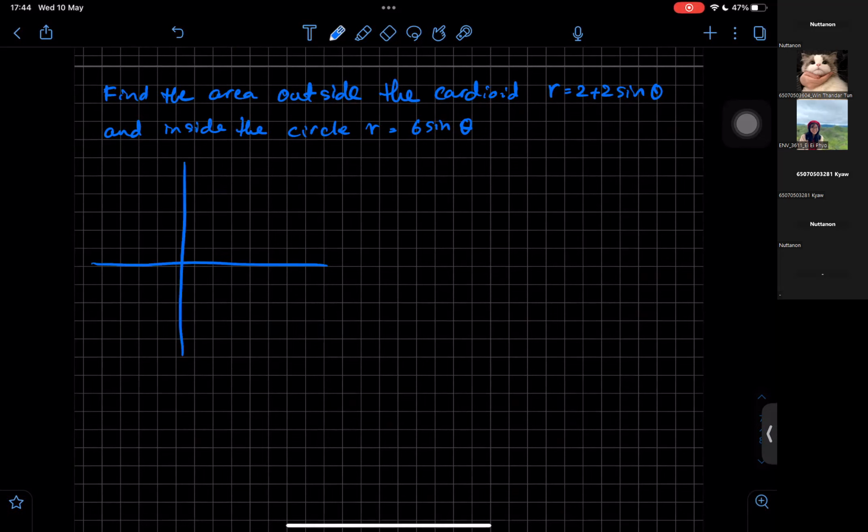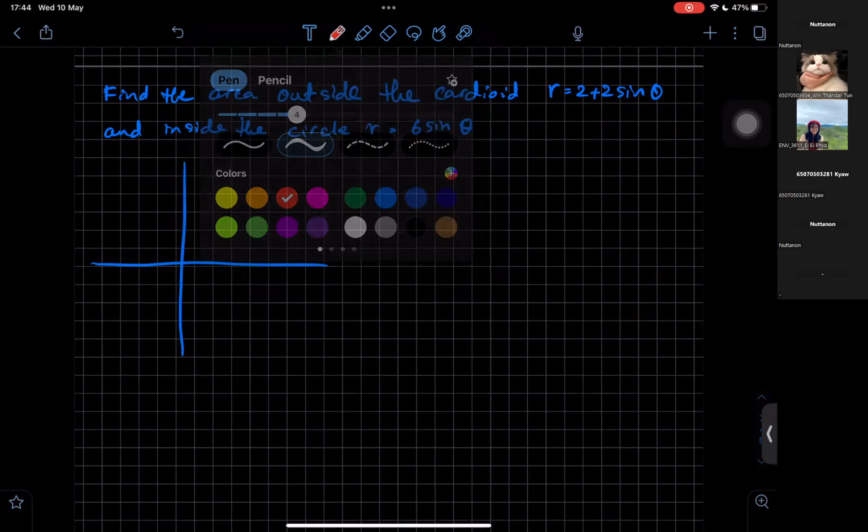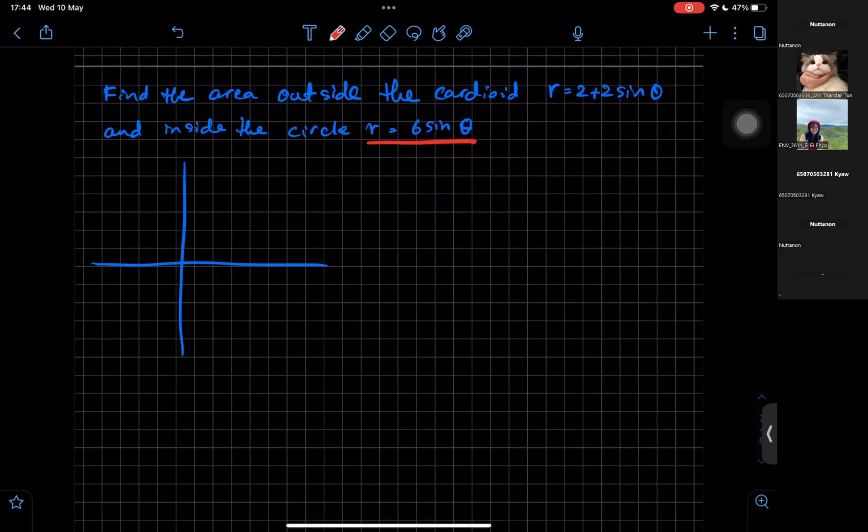Okay, r equal to 6 sine theta. This one is going to be like this, and here is going to be 6. This one is r equal to 6 sine theta.